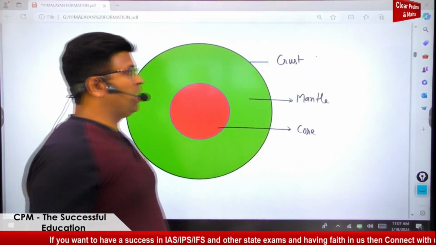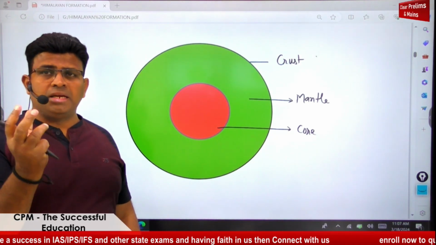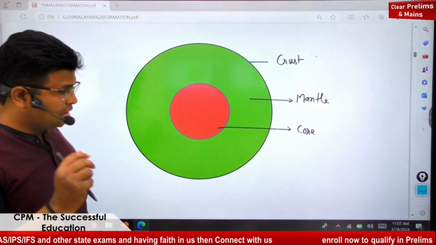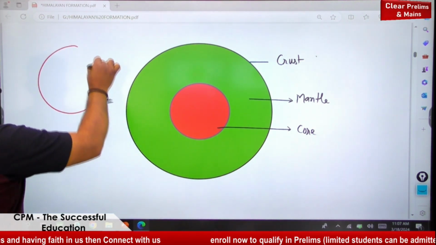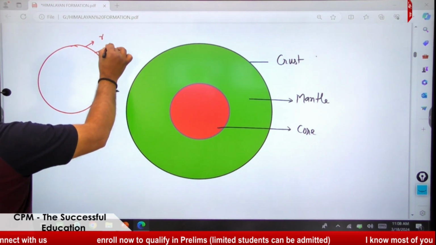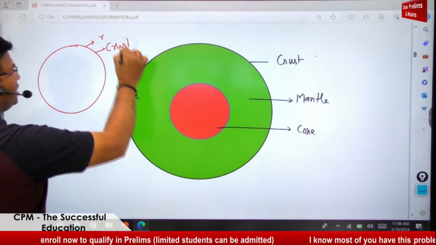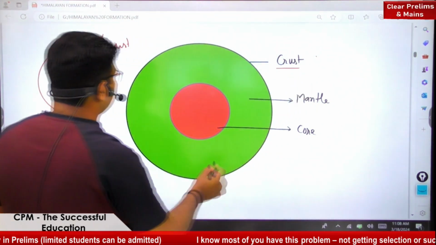I'll first give a basic understanding. The earth is like an egg itself. In the egg there is one outer layer, like a crust. Similarly, the earth's very thin outer layer is the crust.